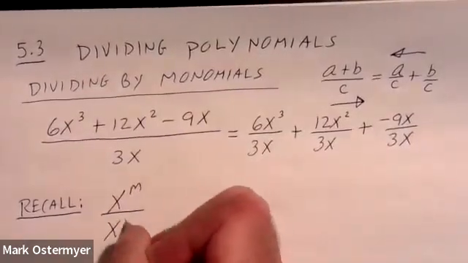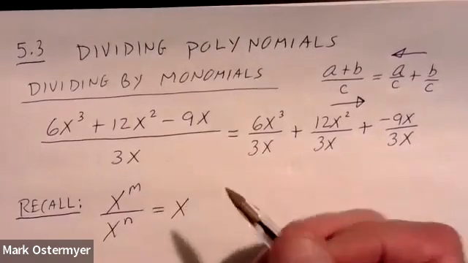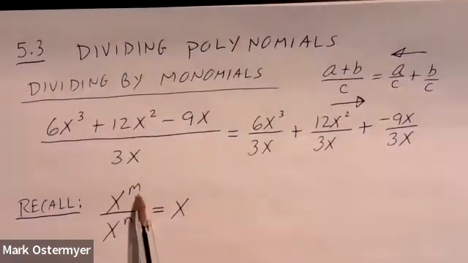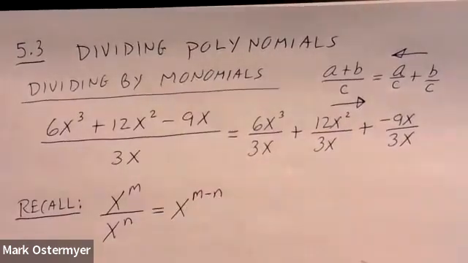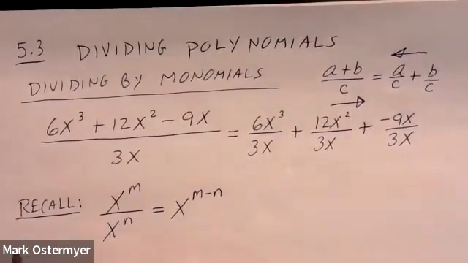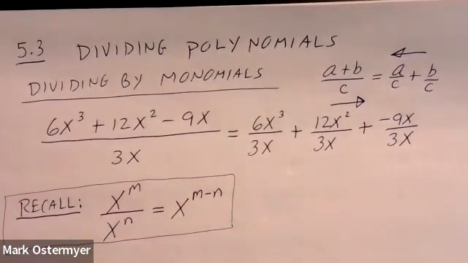Anybody remember? Subtract. We're going to subtract the exponents. So therefore, we keep the base the same and we subtract the exponents. Notice my order of subtraction. I'm going to take the numerator power and subtract off the denominator power. This is the property that we must import into section 5.3 in order to be successful in dividing polynomials together. Got to know that.